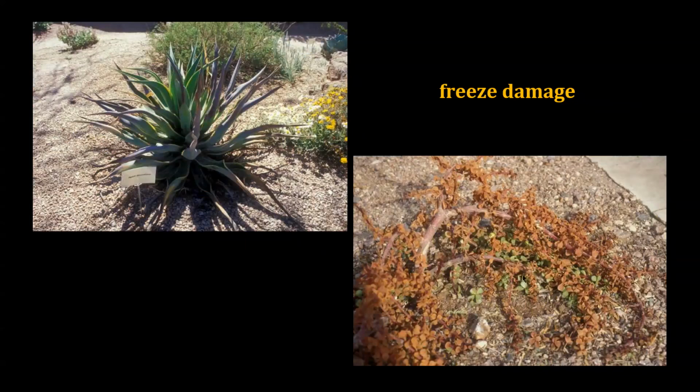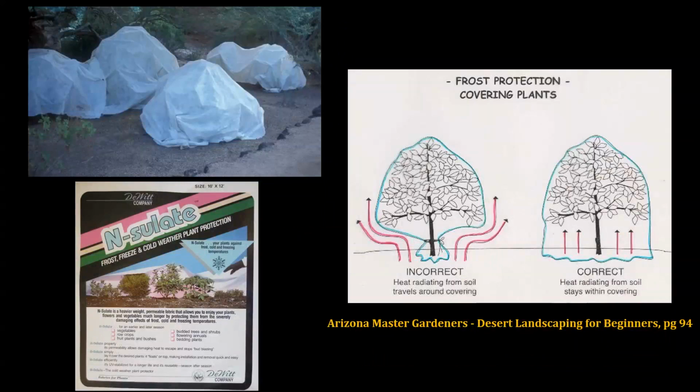This is a case where you might trim off these bad stems at the end of the winter. With an aloe or an agave, that is permanent damage on those leaves. From the tip, they've burned back, dried up, and that's going to be permanent damage on that plant. So know how cold of a temperature they can sustain, and select wisely. And if it's colder than usual, you might need to protect that plant with some frost cloth.